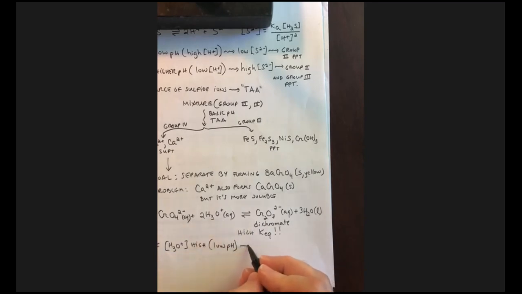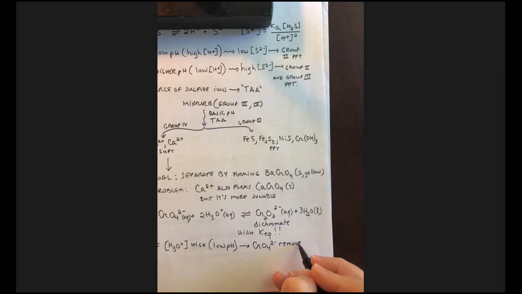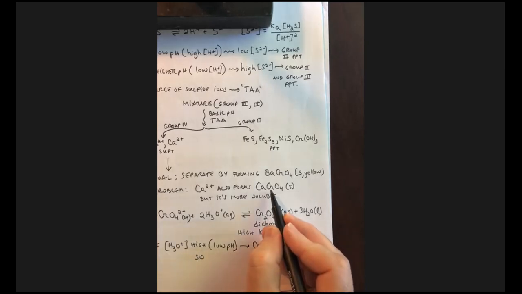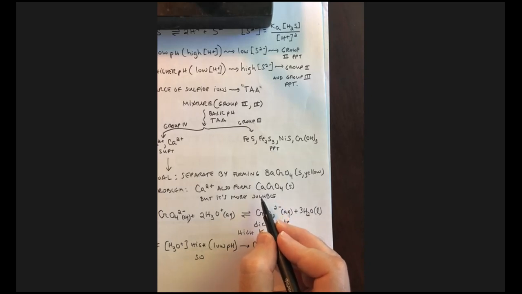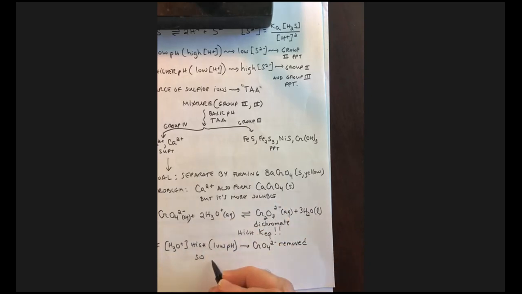In other words, chromate ions are going to be removed. So there's not enough chromate to precipitate even the barium chromate. So neither barium chromate nor calcium chromate precipitate.